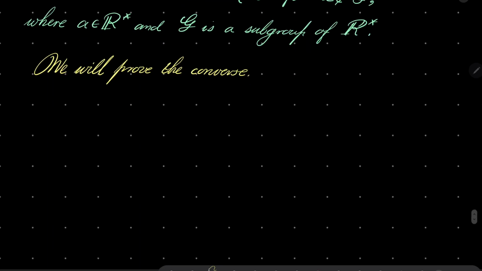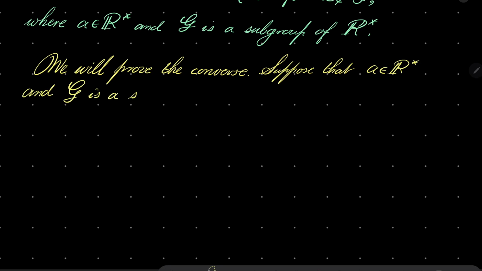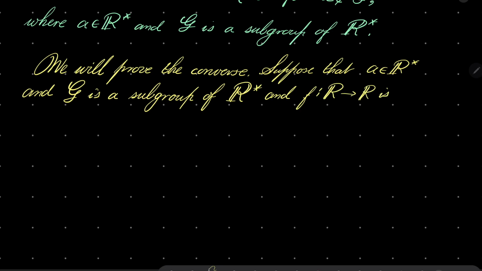So to do that, suppose that a is some non-zero element and G is a subgroup of R star, and f from the set of real numbers into itself is given by our equations.